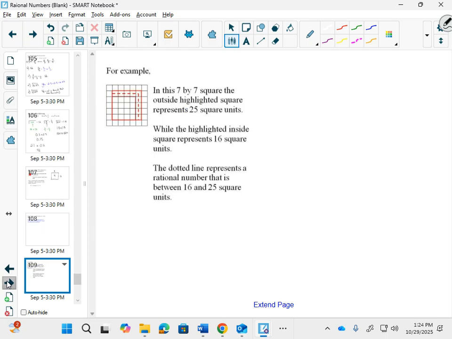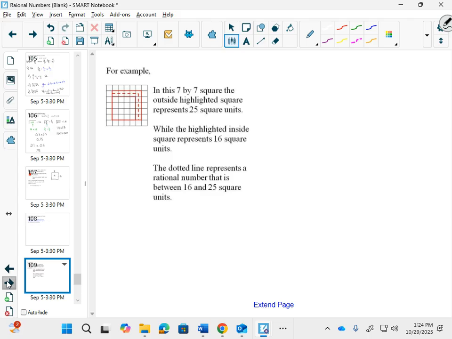That's nice and easy. So in this 7 by 7 square, the outside highlighted square is 25 square units, while the inside one is 16. The dotted line represents some number between 16 and 25 square units.